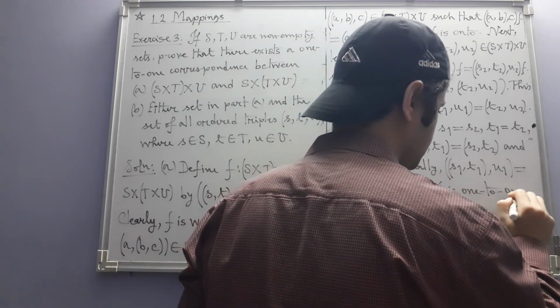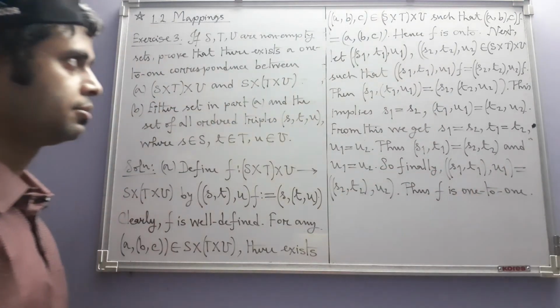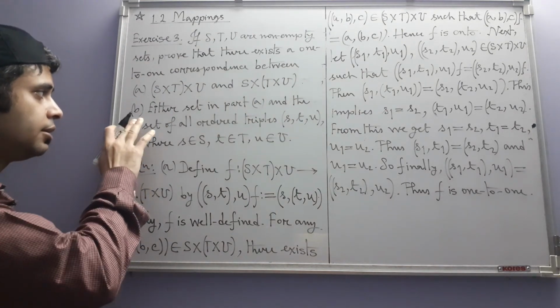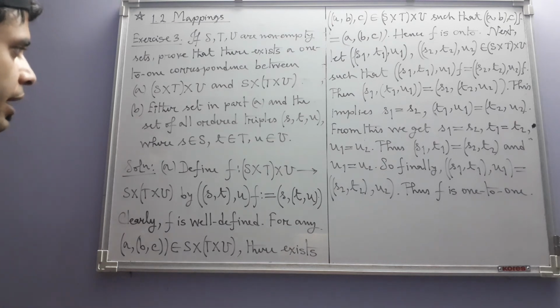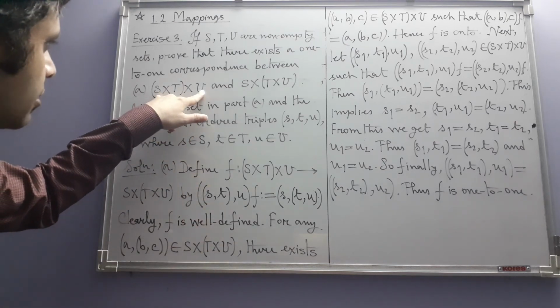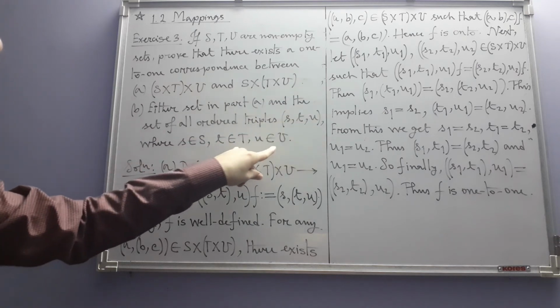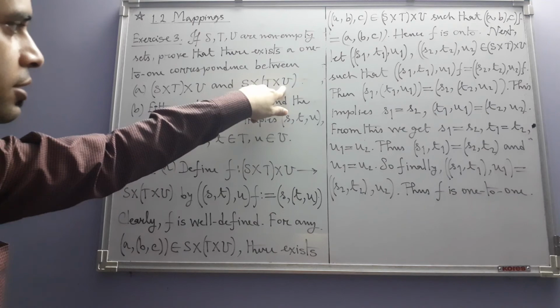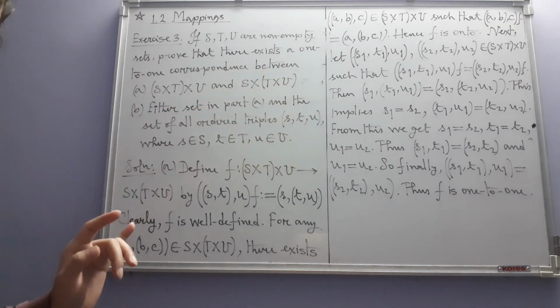And hence F is a one-to-one correspondence. Now next in part B we have to prove that there is a one-to-one correspondence between this one and the set of triples that has been mentioned here, and also between this one and this set of triples.